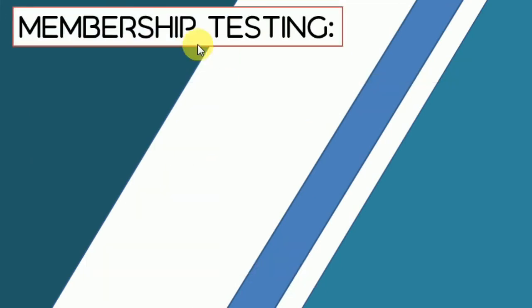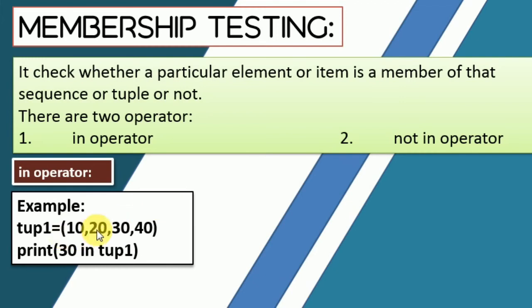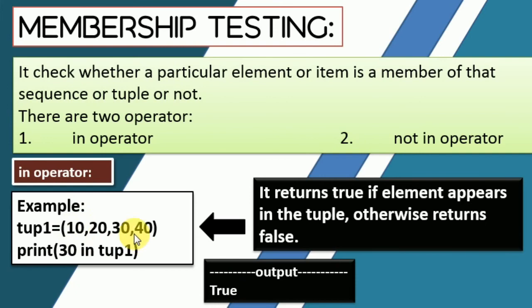Next is membership testing. There are two operators, in and not in: exist, not exist. With the in operator, for 10, 20, 30, 40, we check if 30 is in the tuple. If yes, it displays the answer true. Otherwise, if 30 does not exist inside this, automatically it will display false.